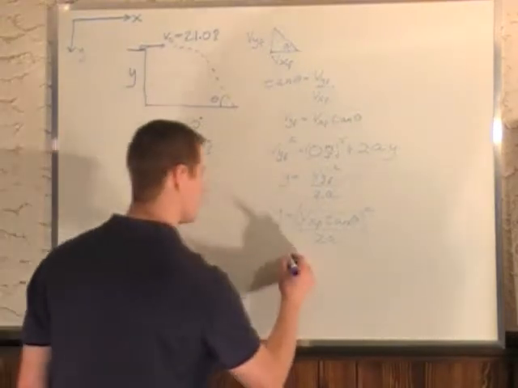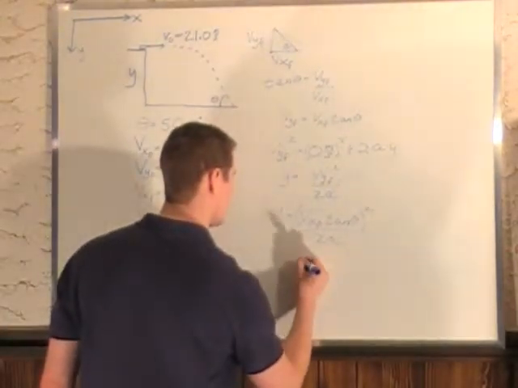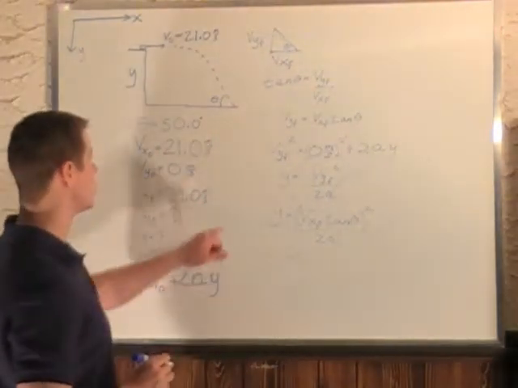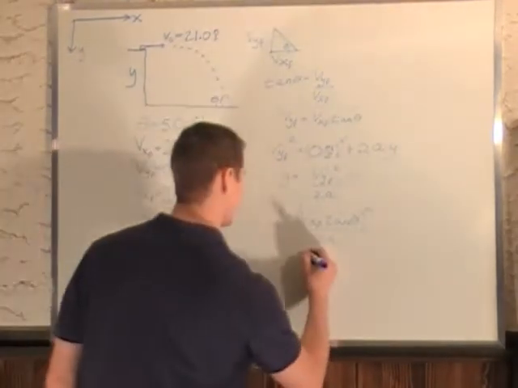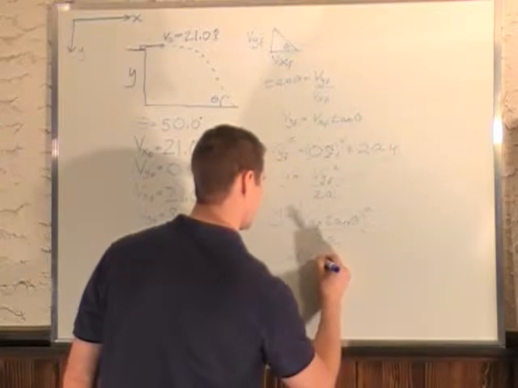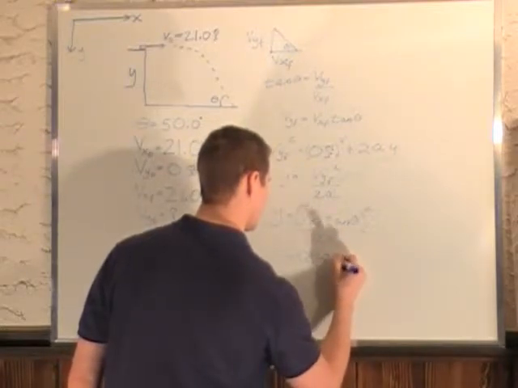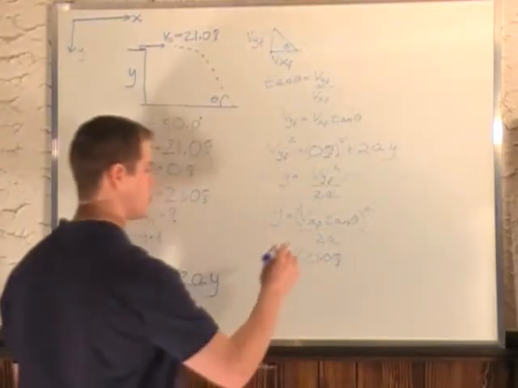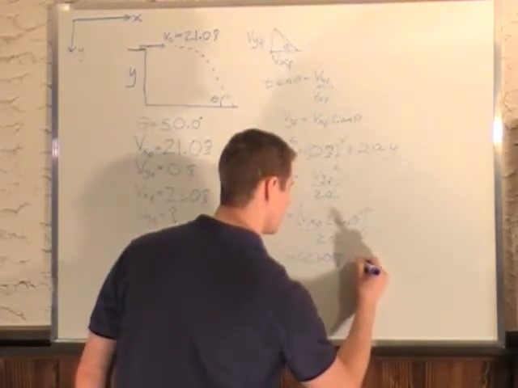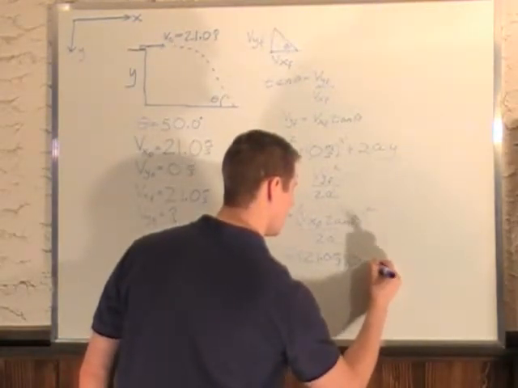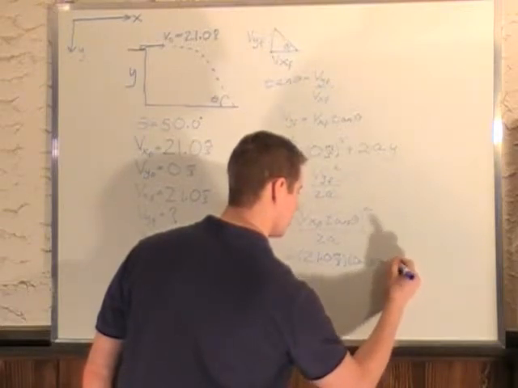So I just plug the numbers I know in here. Vx final is 21.0 meters per second times tan theta, which is tan 50.0 degrees.